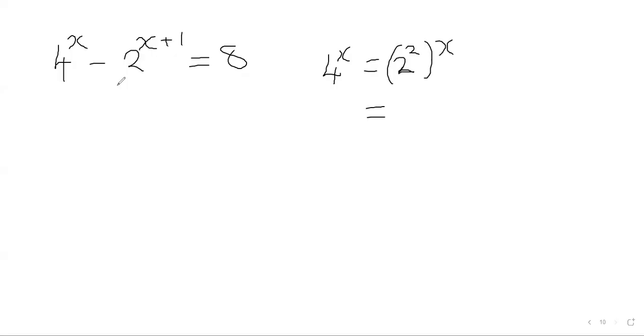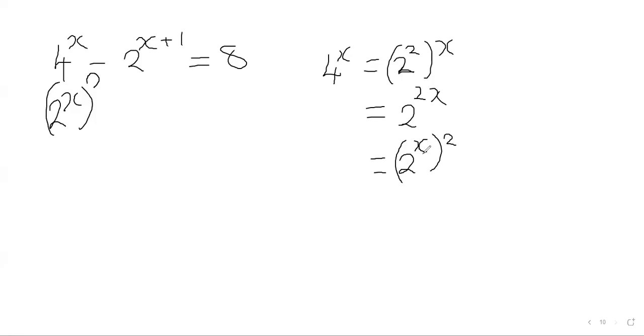So you can rewrite this as 2 to the power 2x, and 2 to the power 2x is the same as 2 to the power x, and this has to be squared. So that's what we have here, 2 to the power x squared.